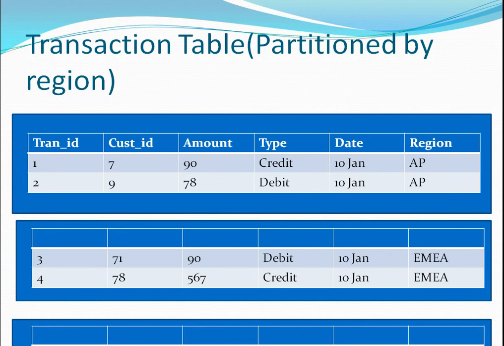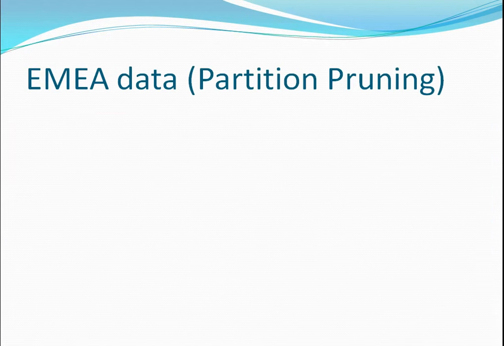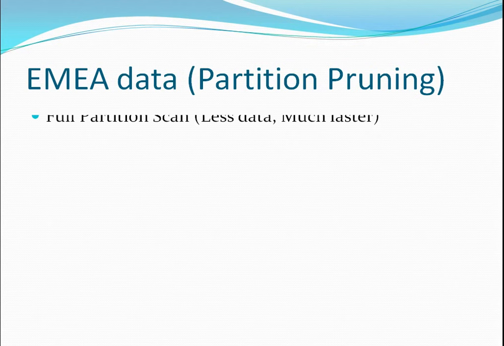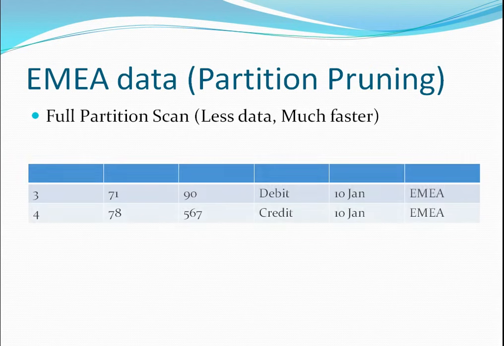Now when I want to retrieve the entire data for the EMEA segment, I don't have to go for a full table scan. It already knows that the EMEA data belongs in a particular segment. It's going to do a full partition scan, which is much faster because it's going to access less data, and we will get the data for EMEA.